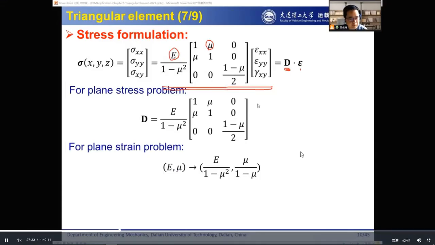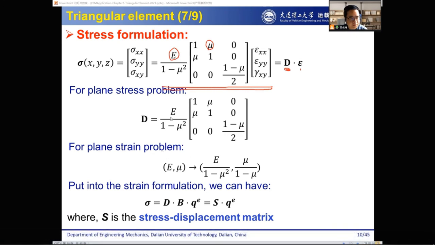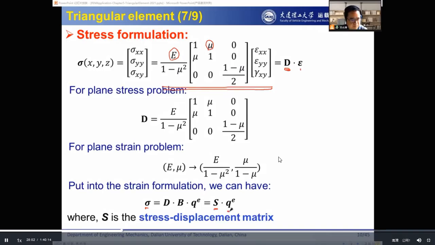Different problems have different stiffness matrices. If you don't understand those, you should check the elasticity book. We don't give too much detail here, as this is not in the scope of our lecture. Then we arrange the stress formulation in terms of the stress displacement matrix times the node displacement vector.